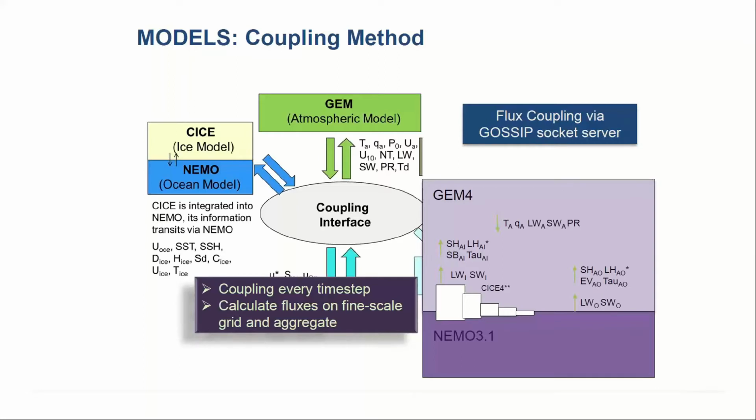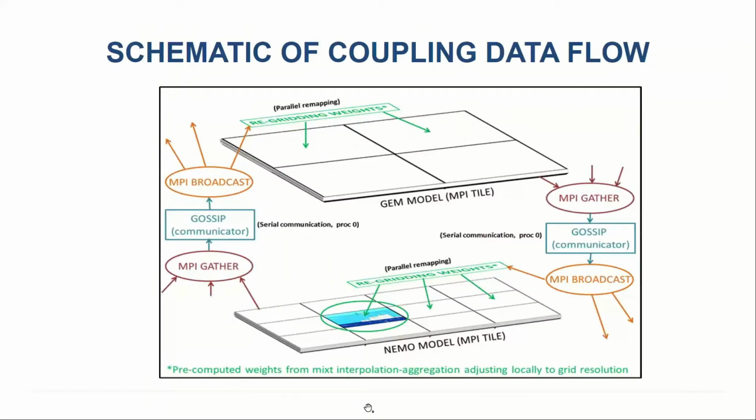We also would like to add a two-way transfer of momentum, heat, and moisture at the surface interface between the models. And at Environment and Climate Change Canada, we developed a method called GOSSIP, which stands for Globally Organized System for Simulation Information Passing.